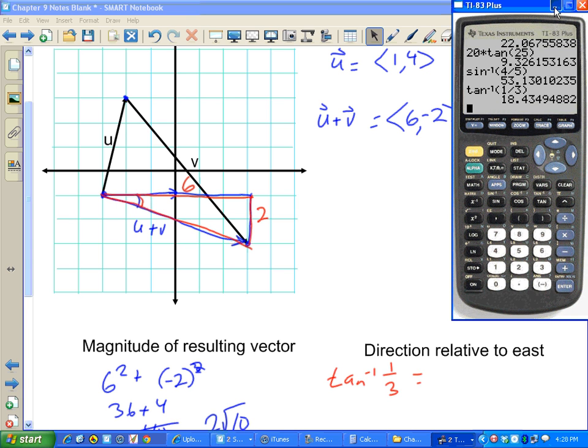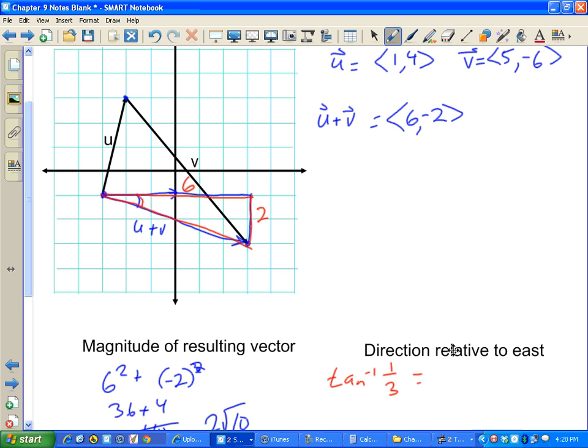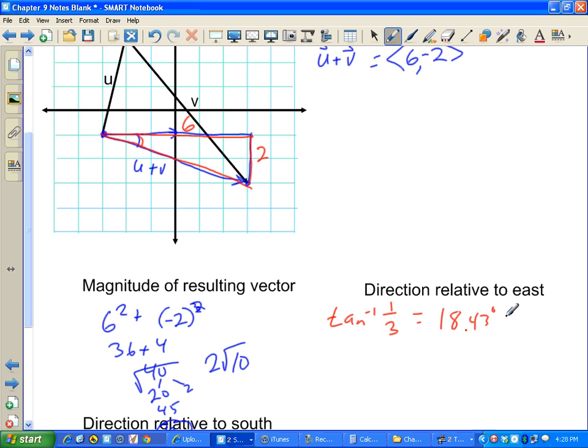So it's 18.43 degrees. And I'm headed south of east. This would be straight east. I'm headed a little bit south of that. So this would be south of east. 18.43 degrees south of east.